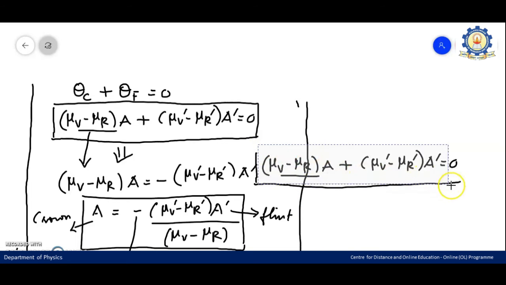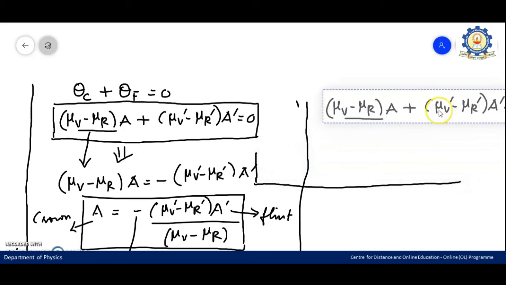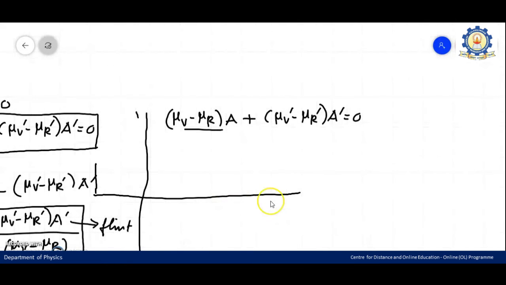Let me take this expression and I am going to make a modification in this expression, that is, I am going to include (mu minus 1) by (mu minus 1) on the first term and (mu prime minus 1) by (mu prime minus 1) in the denominator.